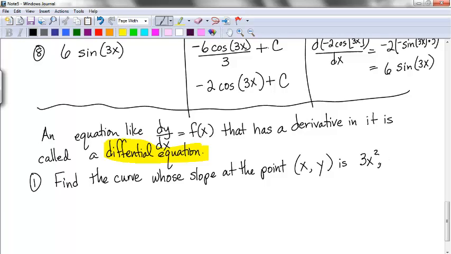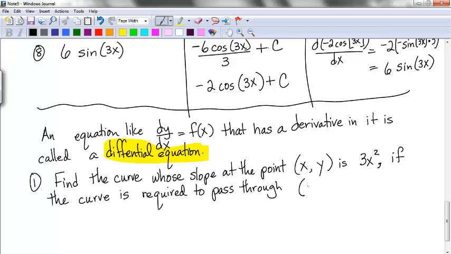If the curve is required to pass through the ordered pair (1, -1). When they're giving you that ordered pair, they're giving you an x and a y.